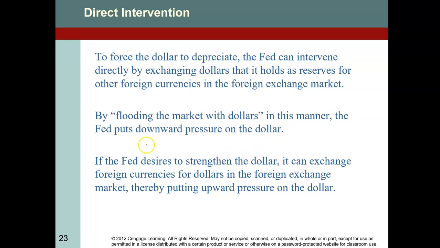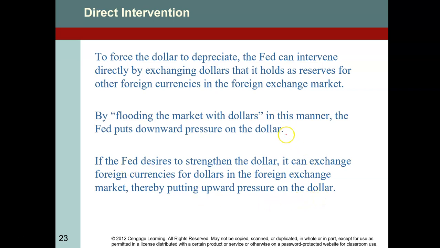to go down. On the other hand, if the Fed desires to strengthen the dollar, it can exchange foreign currencies for dollars in the foreign exchange market, thereby putting upward pressure on the dollar. So the Fed could keep buying the dollar. Increasing the demand for the dollar would make the dollar value go up.